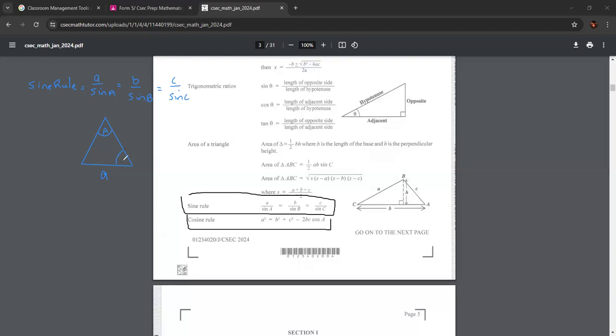If this angle is B, the side that is opposite to B, we name it small b. And if this here is C, capital C is the angle, this side will be small c. So it's basically showing the relationship between the sides and the angles of the non-right angle triangle.